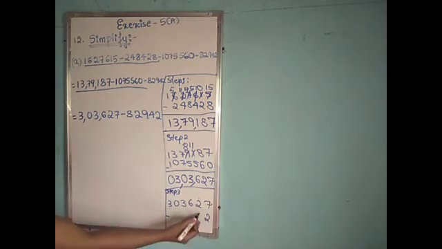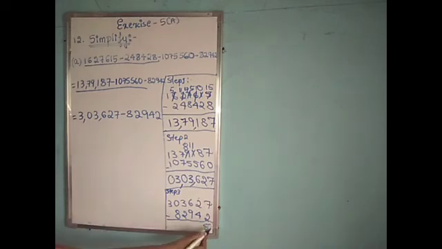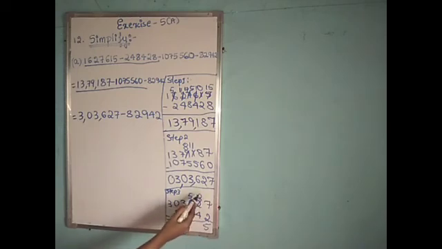So 2, 4, 9, 2, 8. 7 minus 2 is 5. 2 minus 4, is it possible to subtract? No, it is not possible. So we have to borrow from the next number. Here the next number is 6. If you borrow from 6, then 6 becomes 5 and here 2 becomes 12. 12 minus 4 is 8.